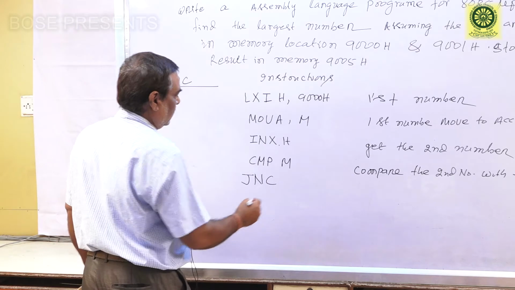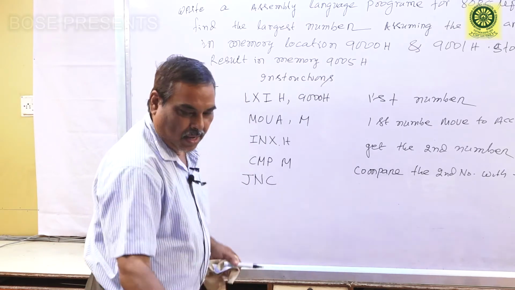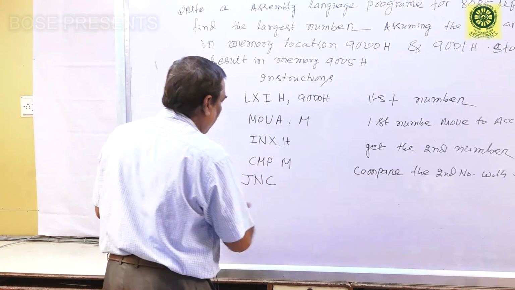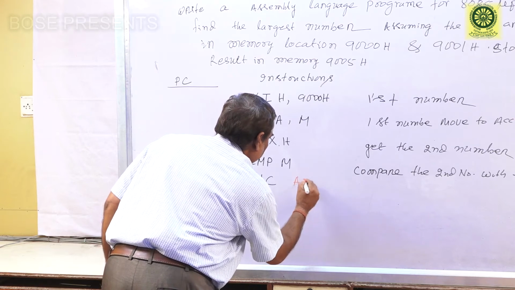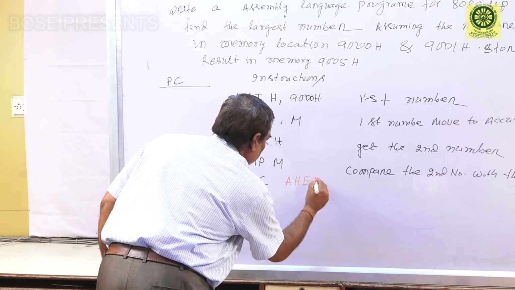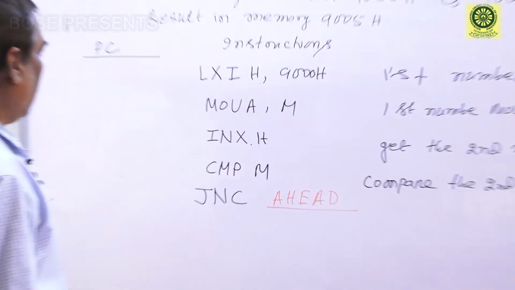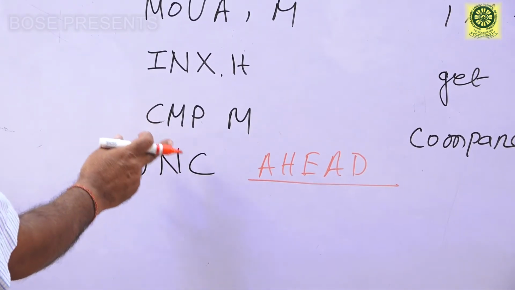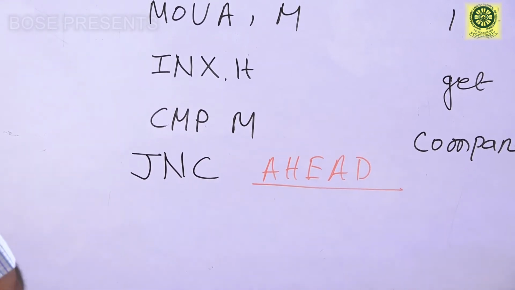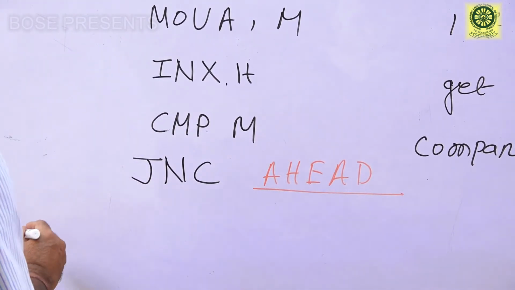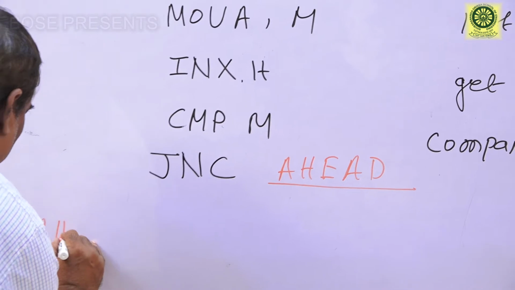and here we use a label, suppose AHEAD. AHEAD is a name, it is a label. This is a conditional instruction. If the condition is satisfied, then it jumps to the label AHEAD.